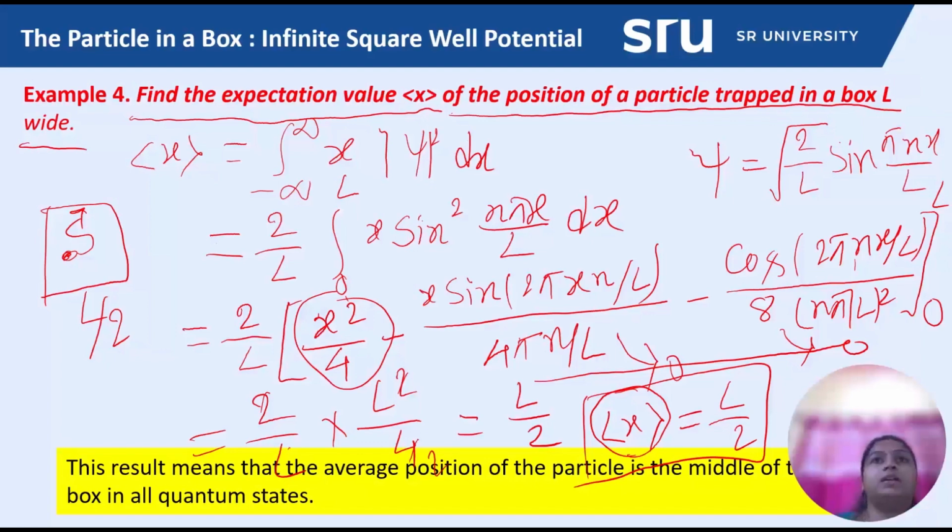We have also found that for a particle in a one-dimensional box, the expectation value of the momentum will be 0, and the expectation value of the position is at the center of the box. So basically the average position of the particle is the middle of the box in all quantum states.